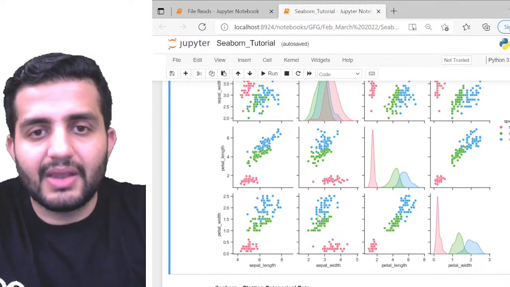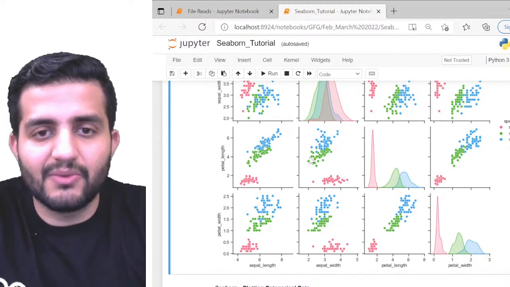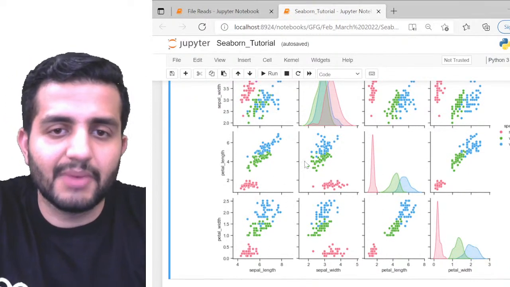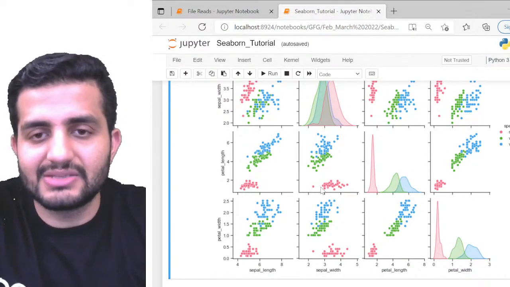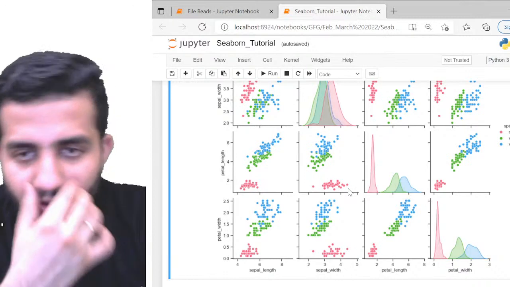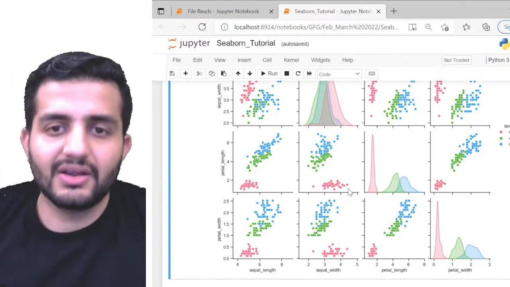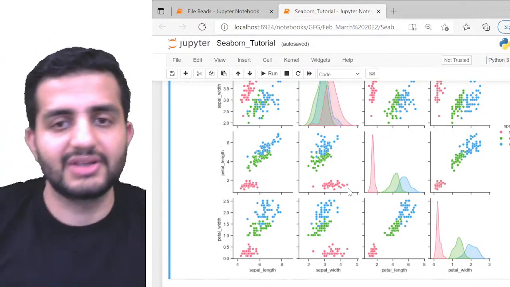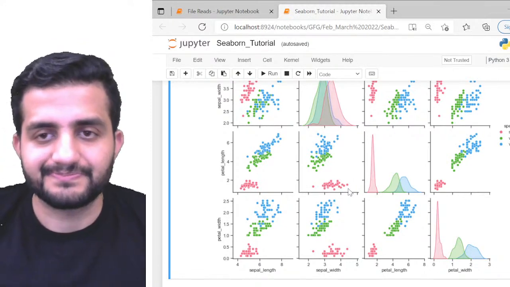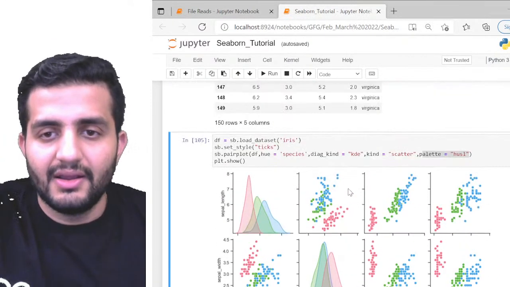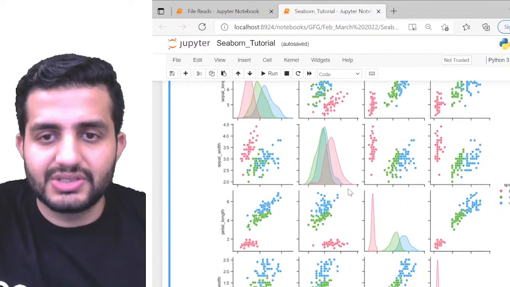As long as one variable is increasing, the other is also increasing. But on the other hand, for Setosa this is not true. It's more of a flat distribution, not following any correlation as such. It's more of haphazard, non-correlated data. That is something I could see from the graph.